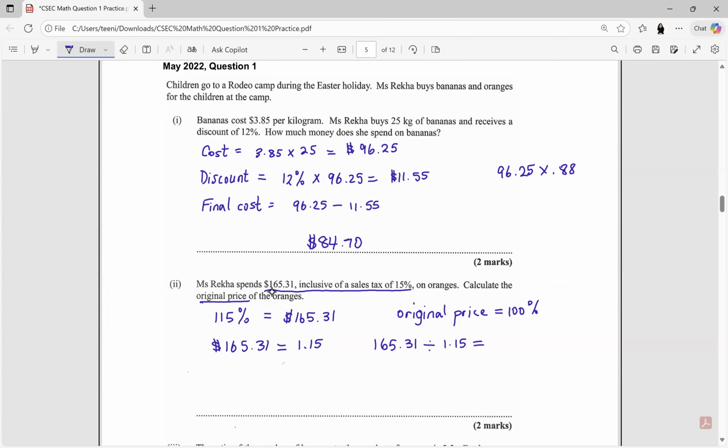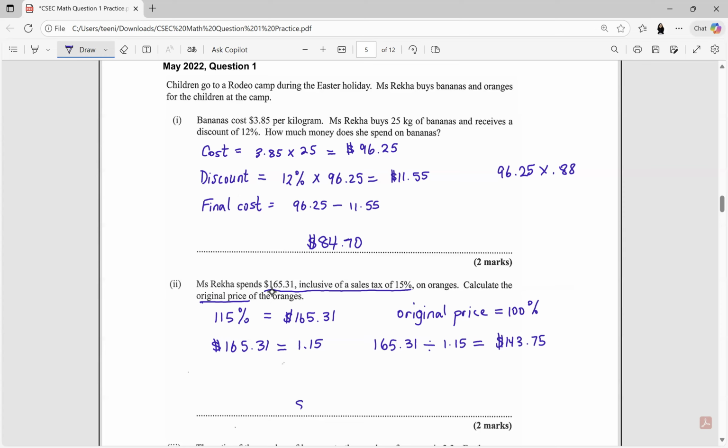And that would give us $143.75. All right. Or you could have said 165.31 divided by 115 over 100. You'll get the correct answer there as well, right?